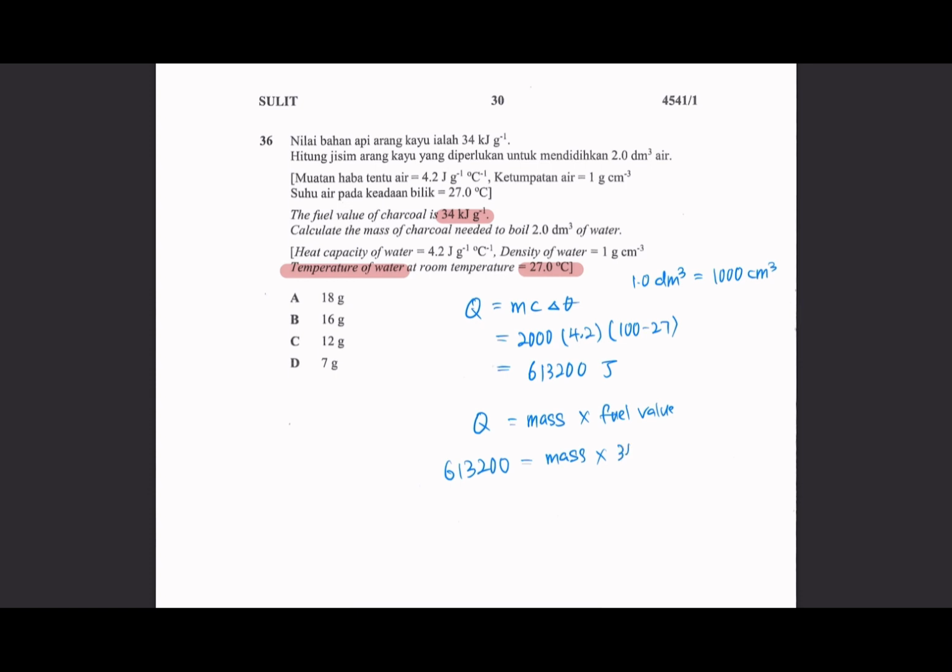So the mass is 18.035 gram. We just round off and take the answer A.